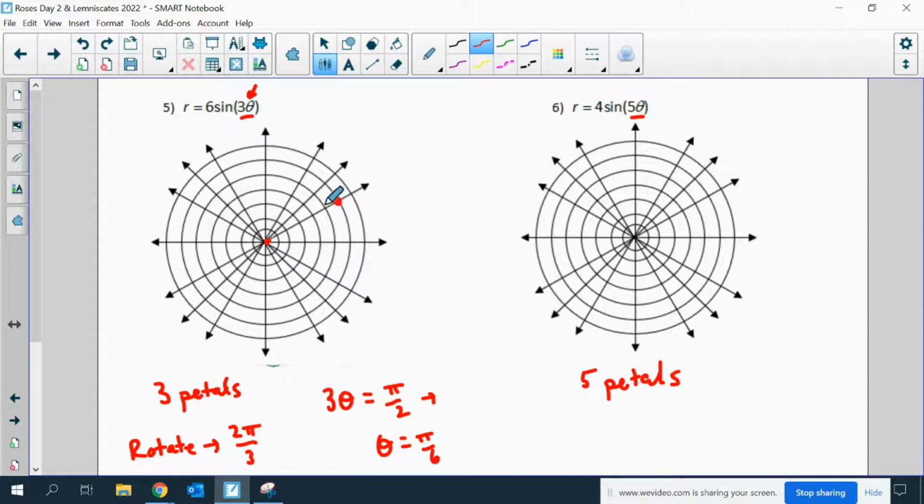So if I start at pi over 6, and I add 2 pi over 3, I get to 5 pi over 6. That would be over here. Then if I add another 2 pi over 3, I get to 3 pi over 2. So my 3 petals should look something like that.